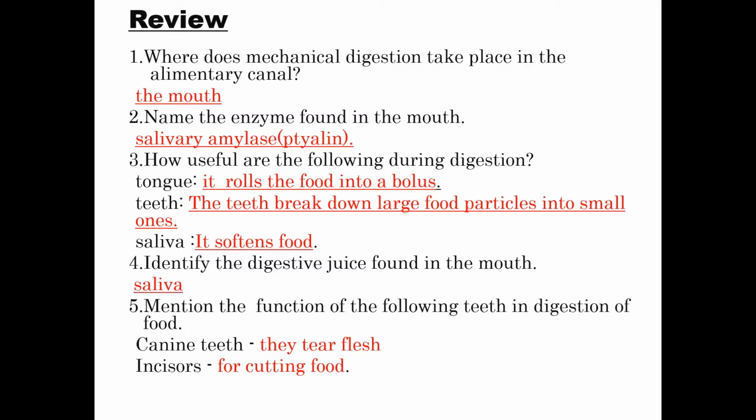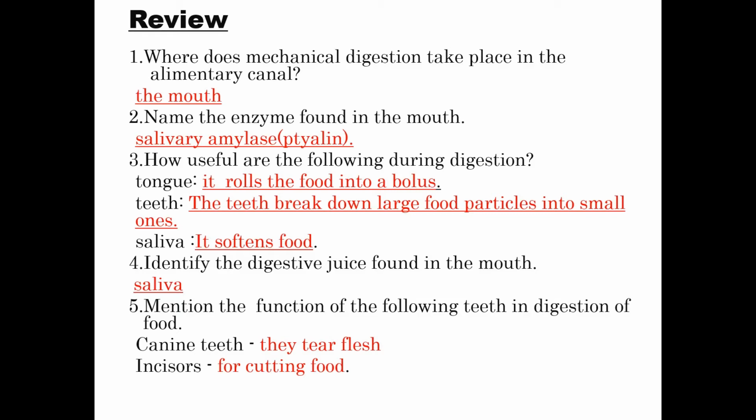That lubricating the mouth makes it slippery for the food to do what? To pass through the gullet easily, or for easy swallowing. And 4, identify the digestive juice found in the mouth, and that is saliva. That one you can't fail it.